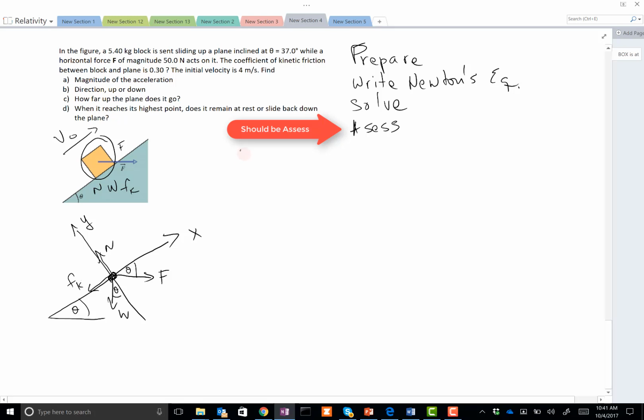So let's start with equations for the y-axis. In the y-axis, we have the y component of the normal plus the y component of the weight plus the y component of that force, and that has to be equal to 0 because there's no motion in the y-axis. So now let's do the x-axis.